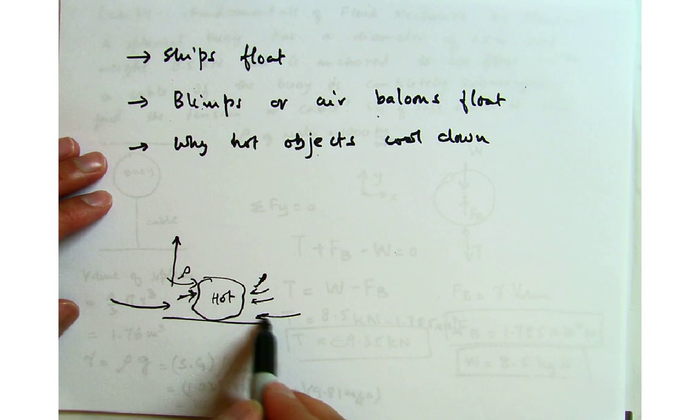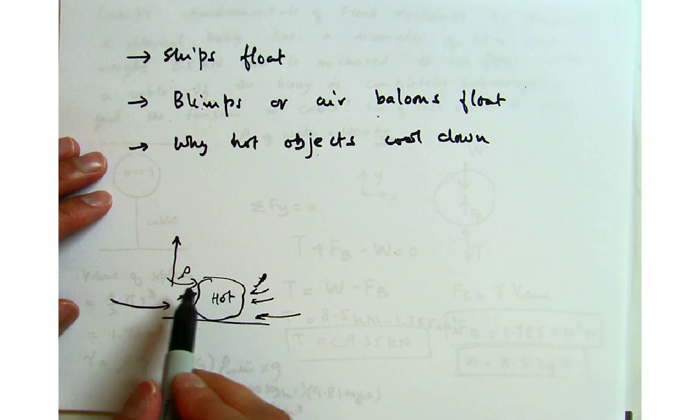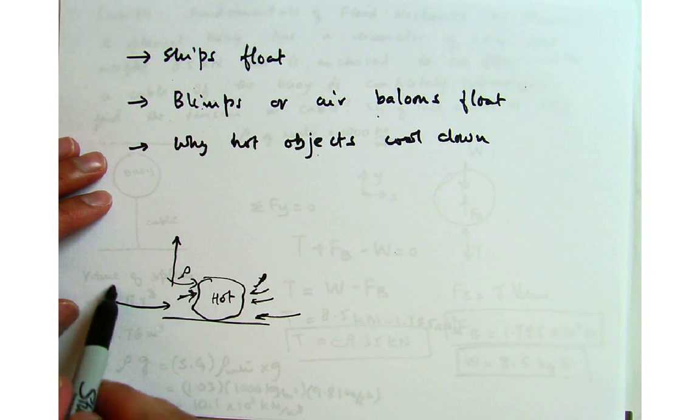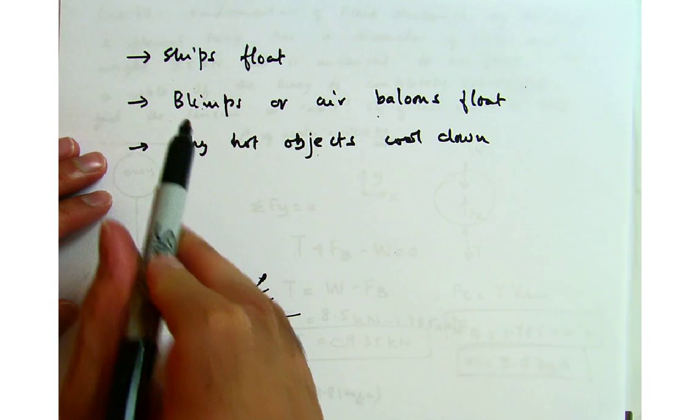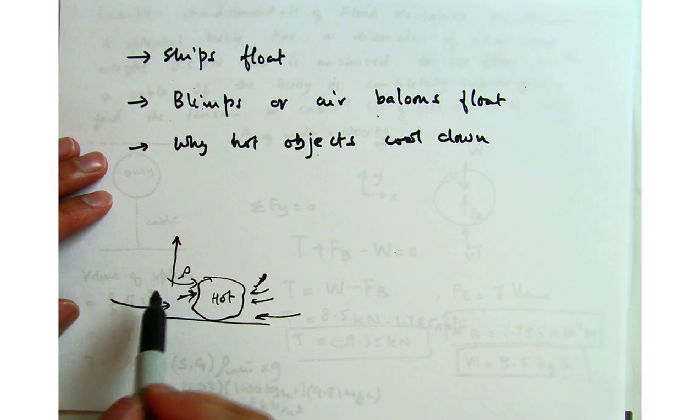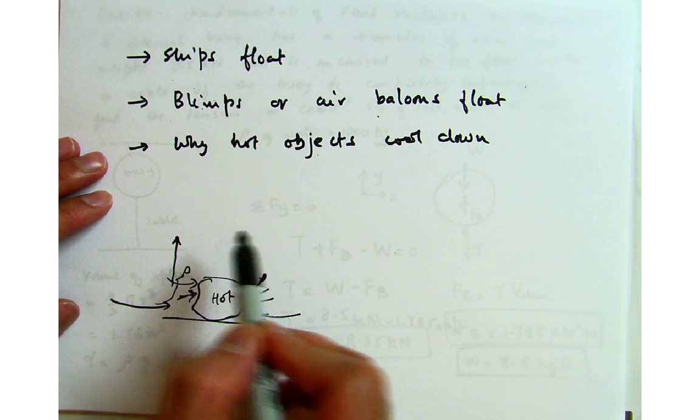When it gets in contact with the hot object, its density also reduces, and it will feel a net effect upwards, and that's why the air current will start flowing this way.